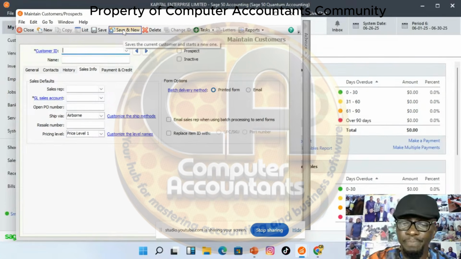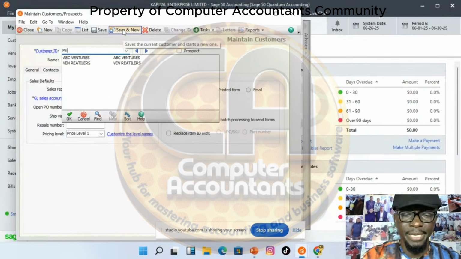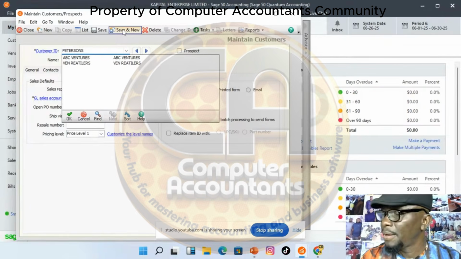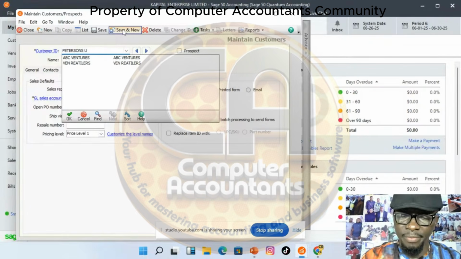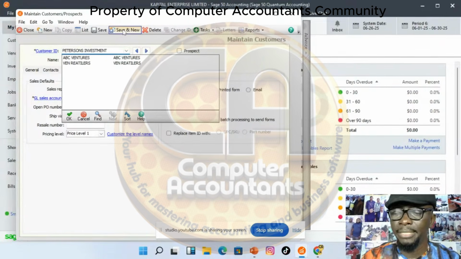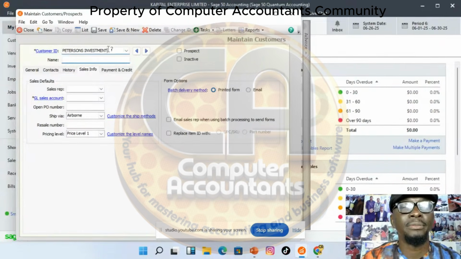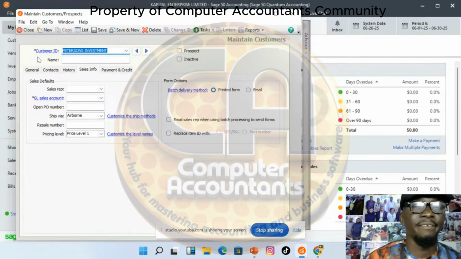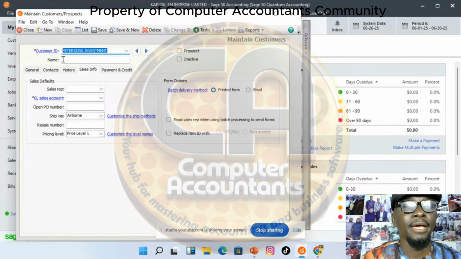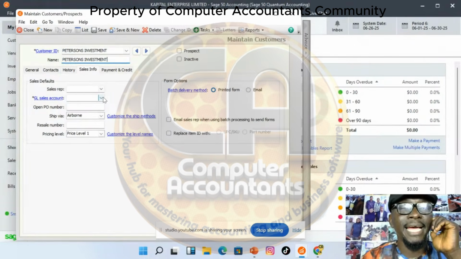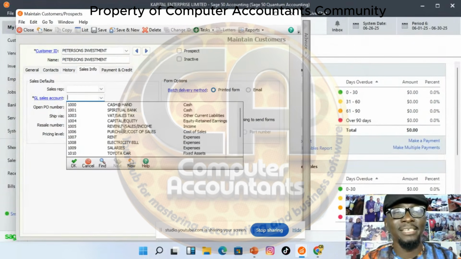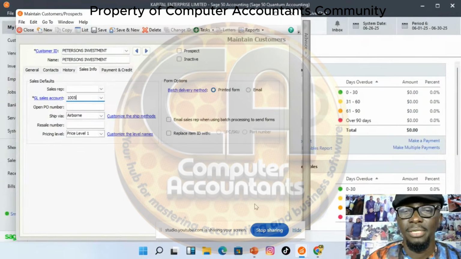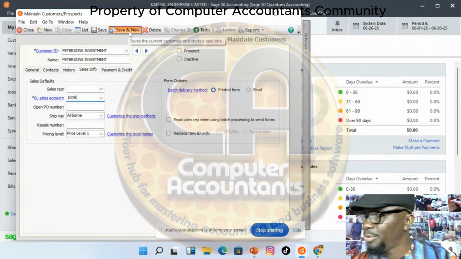The next one is Peterson Investment. Copy and paste. Then do the same thing, link Peterson to the revenue account, then save and new.